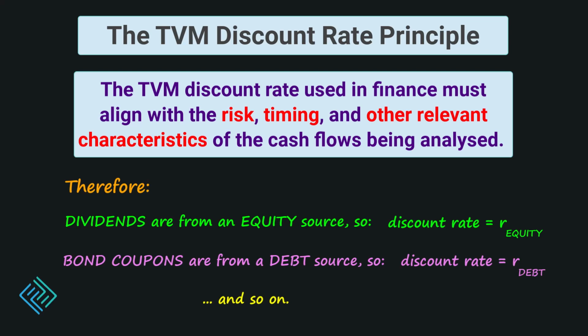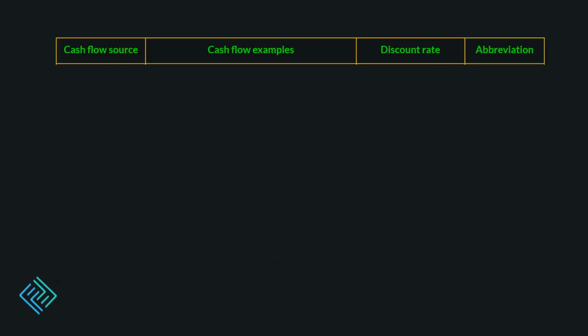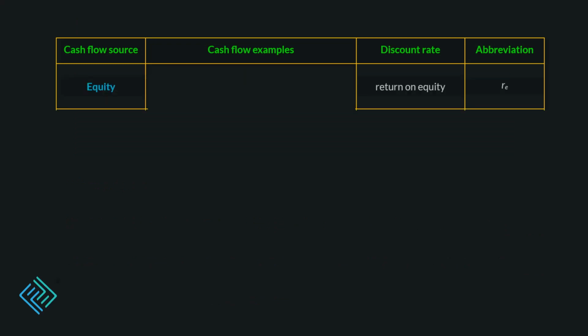So applying the principle that the discount rate must be coherent with the characteristics of the cash flows in question might seem to be trivially easy. This table implies, for example, that if the cash flow source is equity related, then your discount rate would be a return on equity, and the abbreviation, unsurprisingly, would be R subscript E. But there are some details that you need to watch out for.